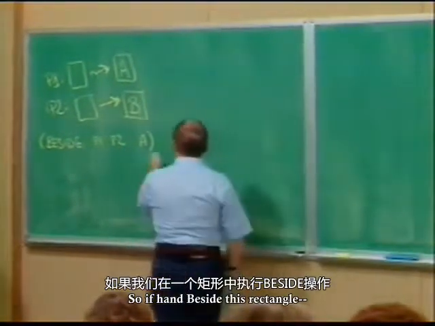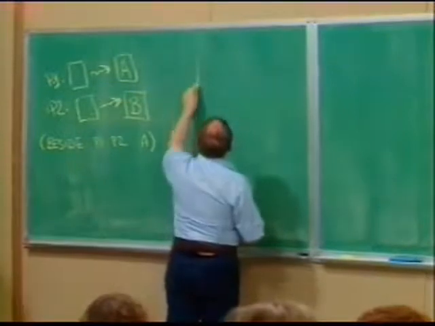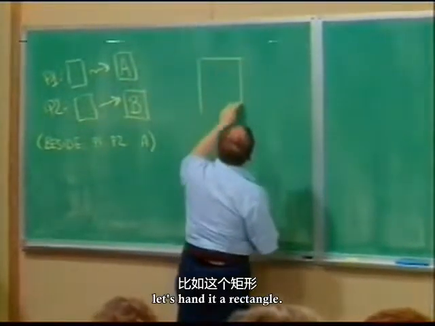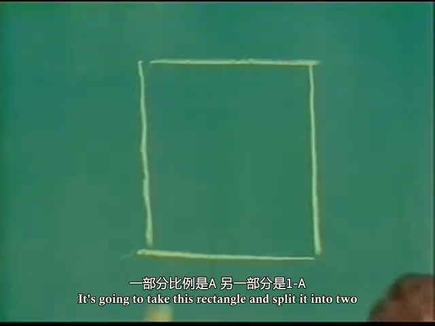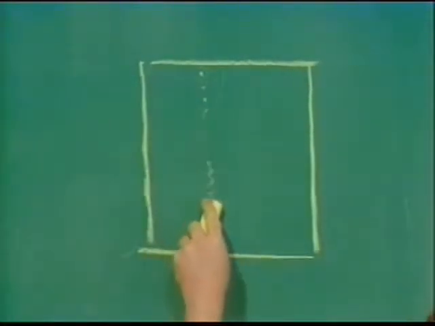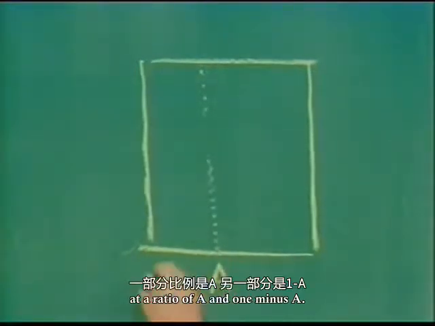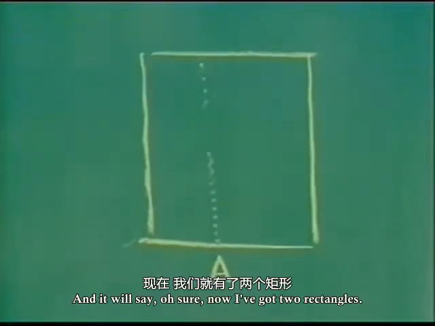So if you hand beside a rectangle, well, what's it going to do? It's going to take this rectangle and split it into two at a ratio of A and 1 minus A. And I'll say, oh, sure, now I've got two rectangles.